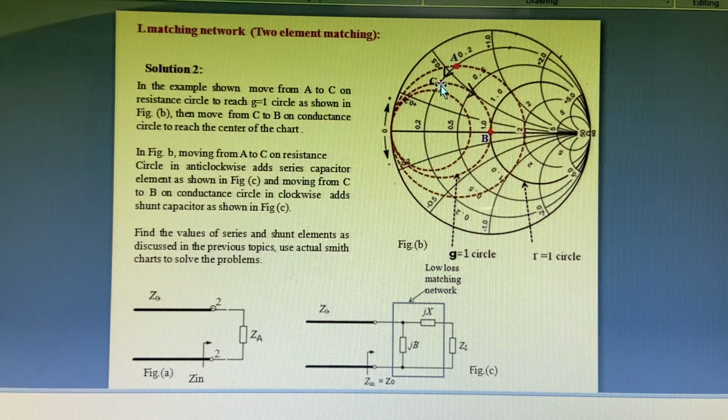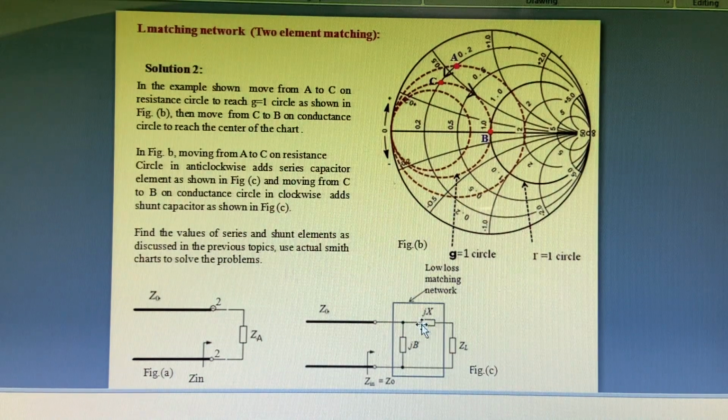Next, from point C on the G equal to 1 circle, you move on the G equal to 1 circle like this. It will bring you to the center of the Smith chart, so you will be getting impedance matching. So moving from C to B adds the capacitor in shunt like this.